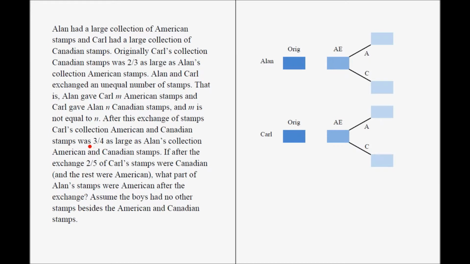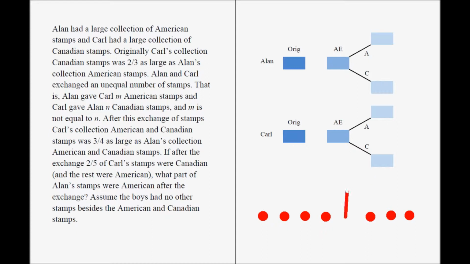After the exchange, Carl's collection was only 3/4 as large. So if Alan's collection was 4, if you could divide Alan's collection into 4 equal parts, Carl's collection could be divided into 3 equal parts. That's what we mean by 3/4.